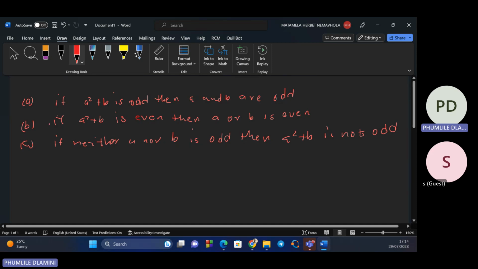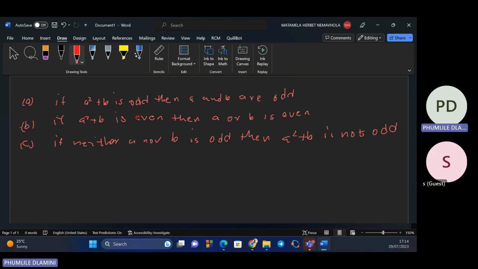For B, I wrote: if A and B is odd, then A or B is even.